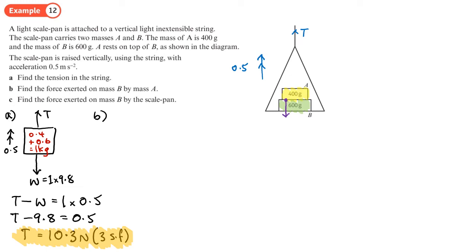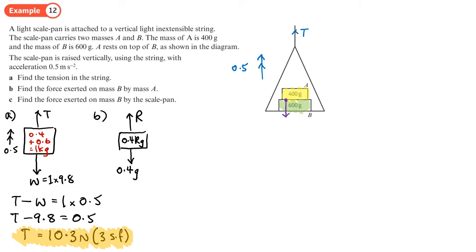If I was to draw a diagram for mass A, there are only two forces acting on mass A: the 0.4 kg, and that's its own weight going down, which is going to be 0.4 g, and a force pushing up, which we'll call R. It's like the normal reaction, but it's more than a normal reaction because that normal reaction is causing A to move up.